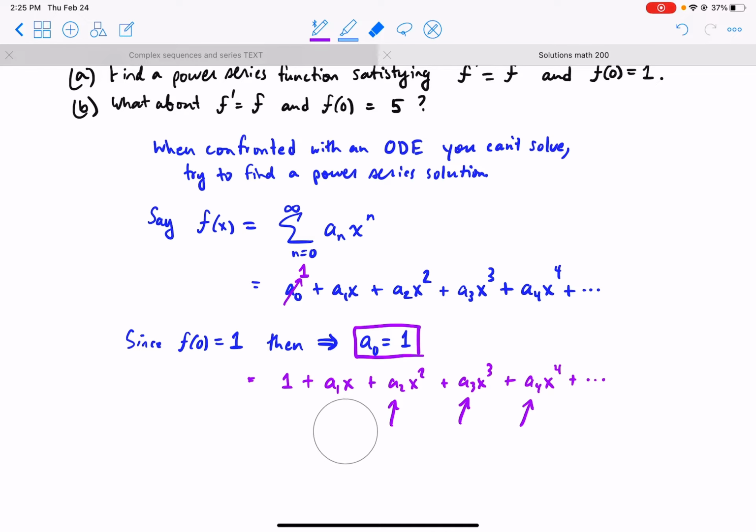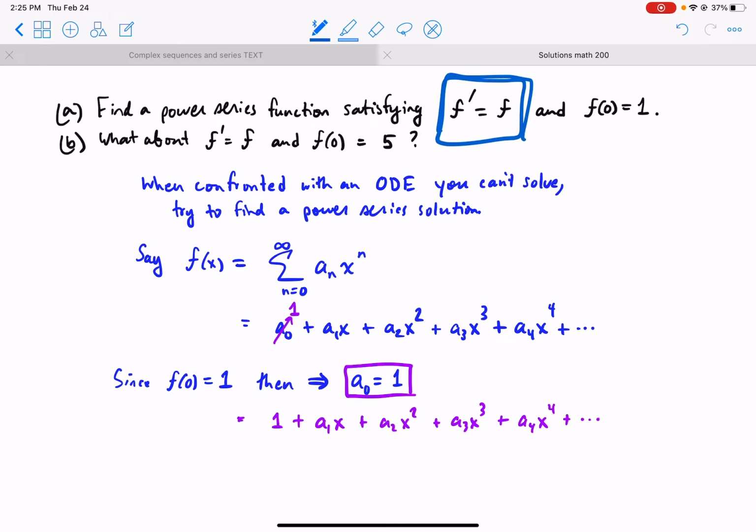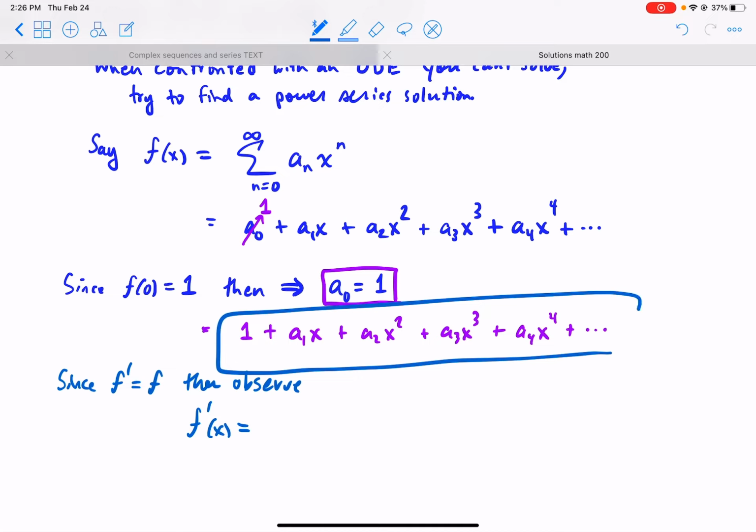So that's where we'll go back to the differential equation. f prime equals f. Then observe, well, what's f prime of x? Well, take the derivative of this thing.